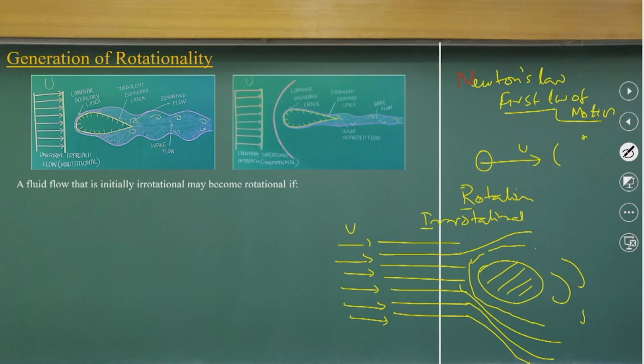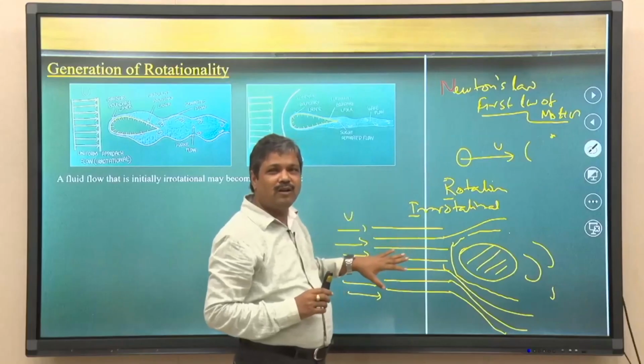This is the same concept, what we call the generation of rotationality. Please try to understand it: it is the same concept as Newton's first law of motion, which you could have learned at class 10th level.